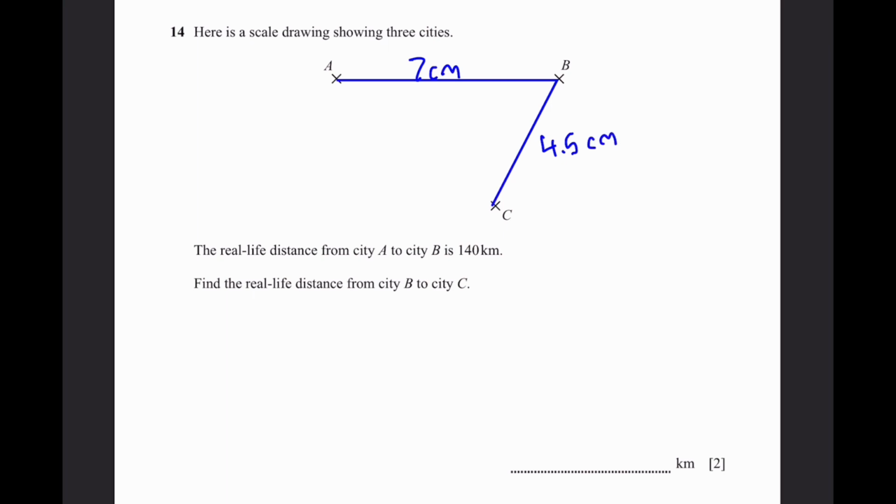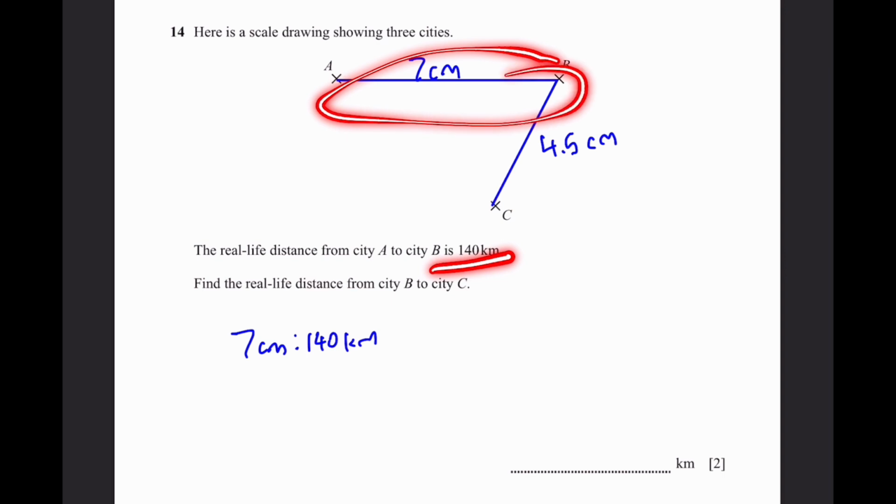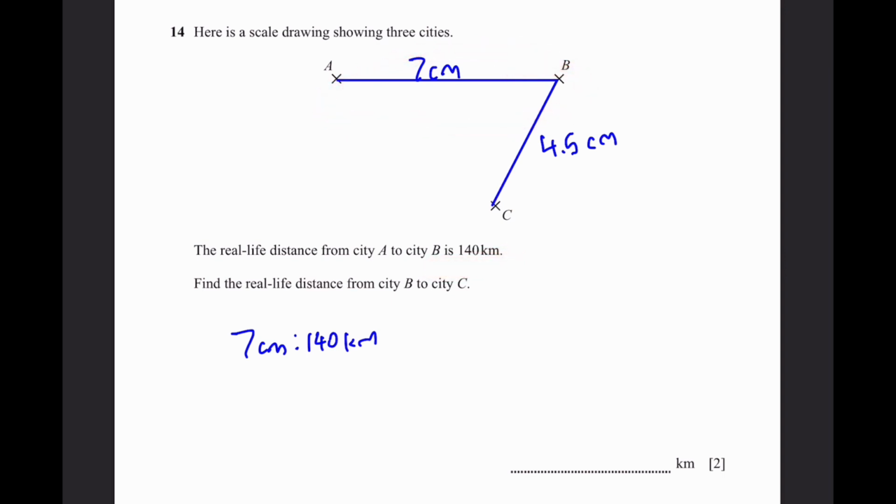Now that means 7 centimeters is to 140 kilometers. 140 kilometers is just the real life distance. And that means 1 centimeter is to 140 by 7, which is 20 kilometers.